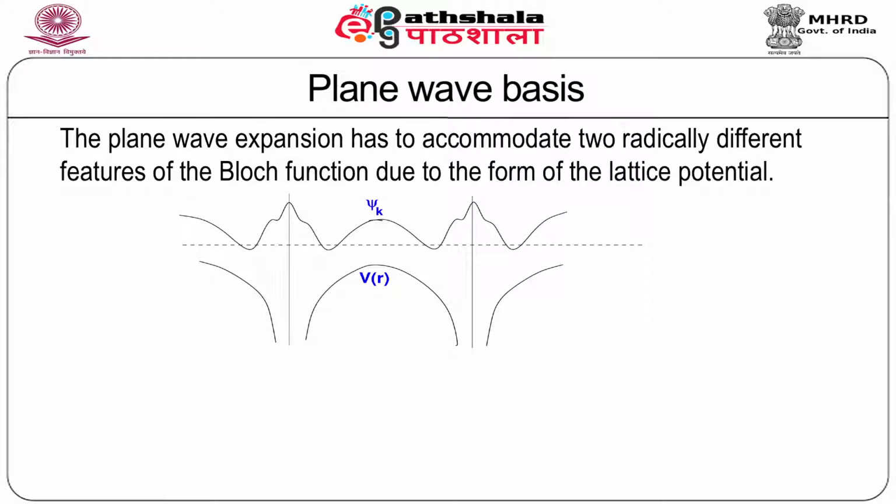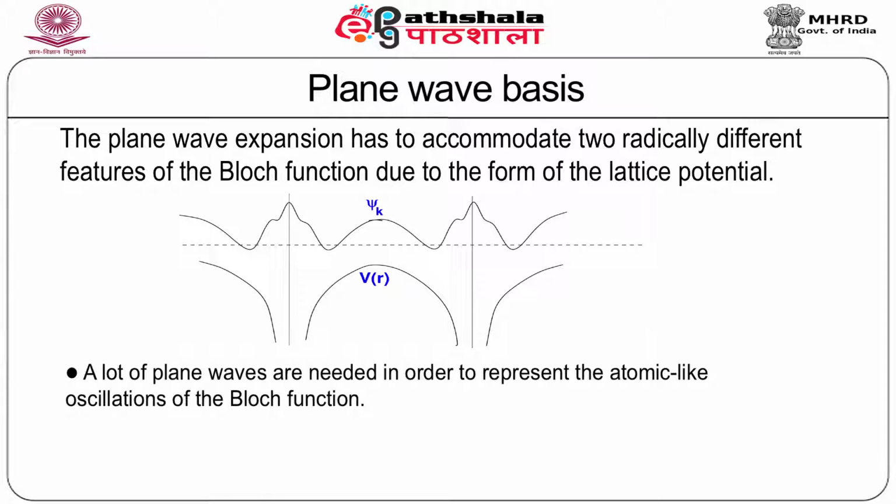Considering the example of a metal like aluminium, the plane wave part of the Bloch function occupies about 7/8 of the total volume. For the remaining 1/8 of the total volume, a lot of plane waves are needed in order to represent the atomic-like oscillation of this psi_k. For this region, the plane wave expansion will actually need a lot of terms to converge.